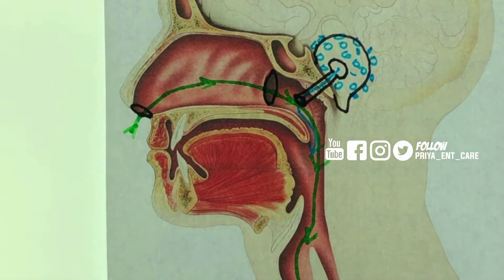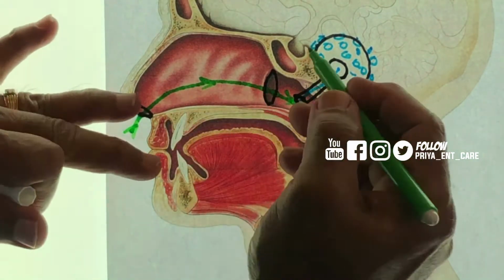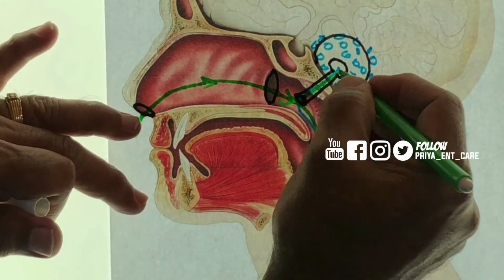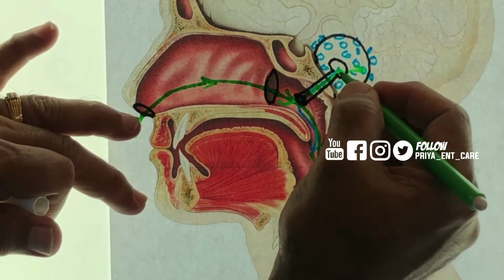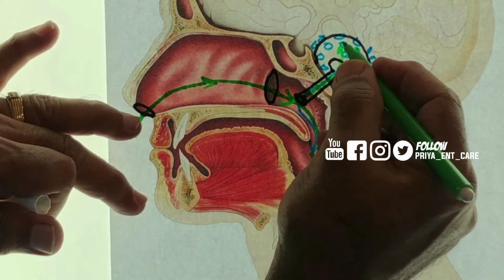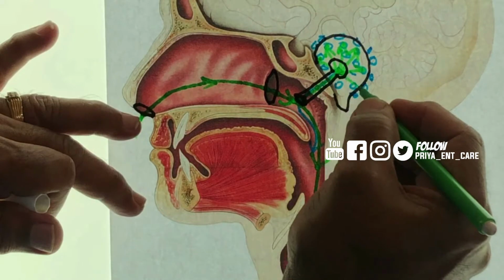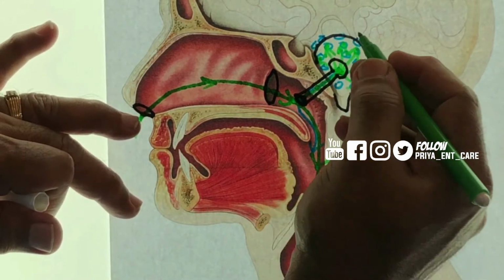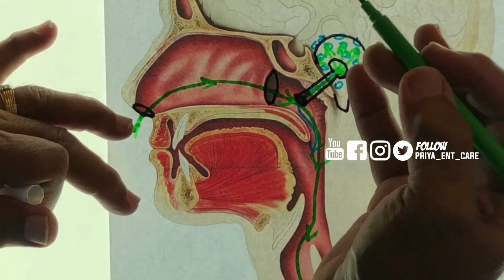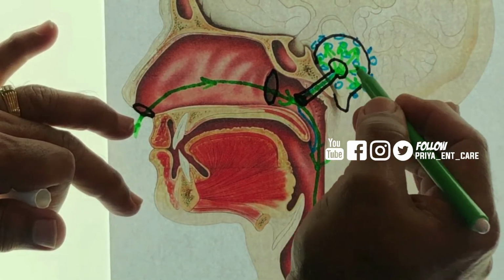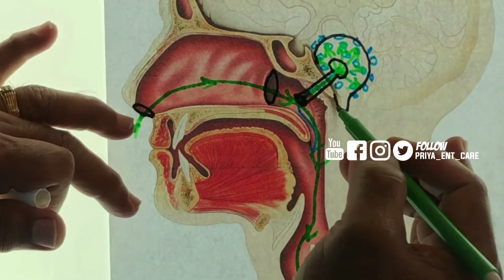At the same time, air will enter into this middle ear and onwards into all the air cells, providing ventilation to this area. So this bone and the ear function with a combination of ventilation and drainage.